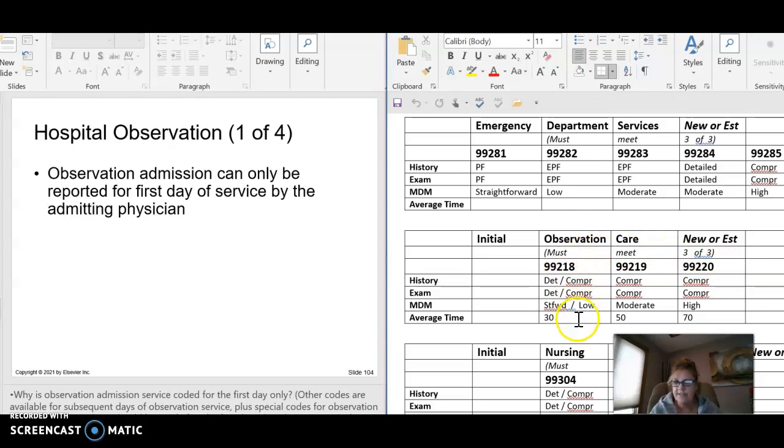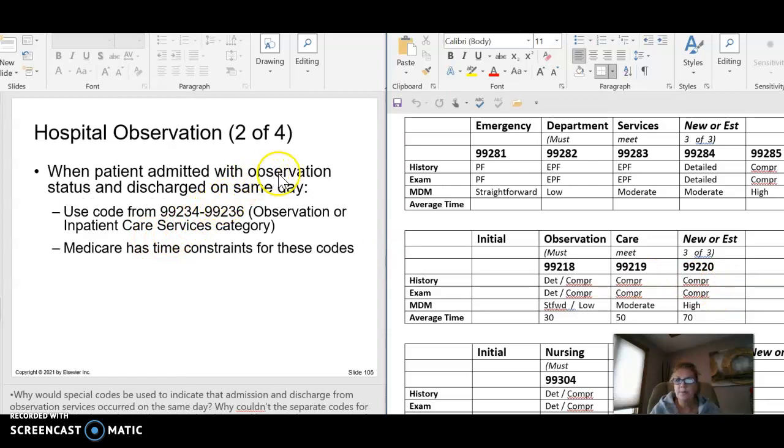I have to downcode to a 99218. So keep that in mind when you need 3 out of 3. If one of my levels is at one of these low components, I'm going to have to go down there. To code higher, you have to have all 3 hit that high component.